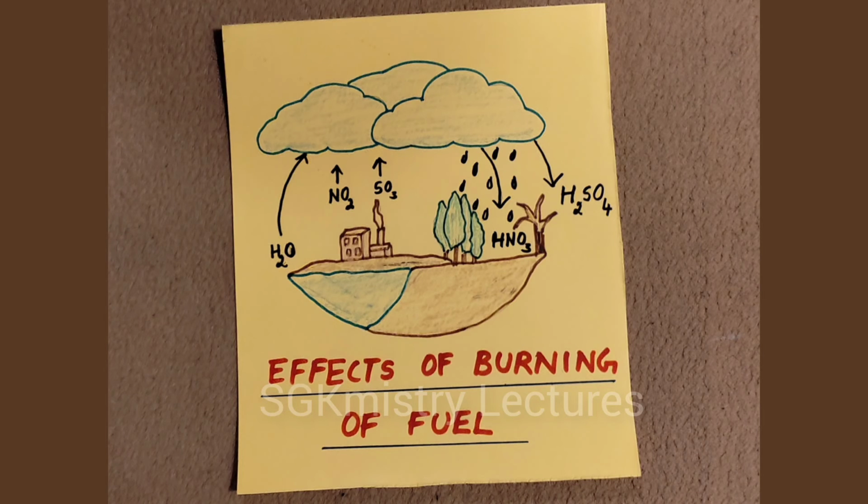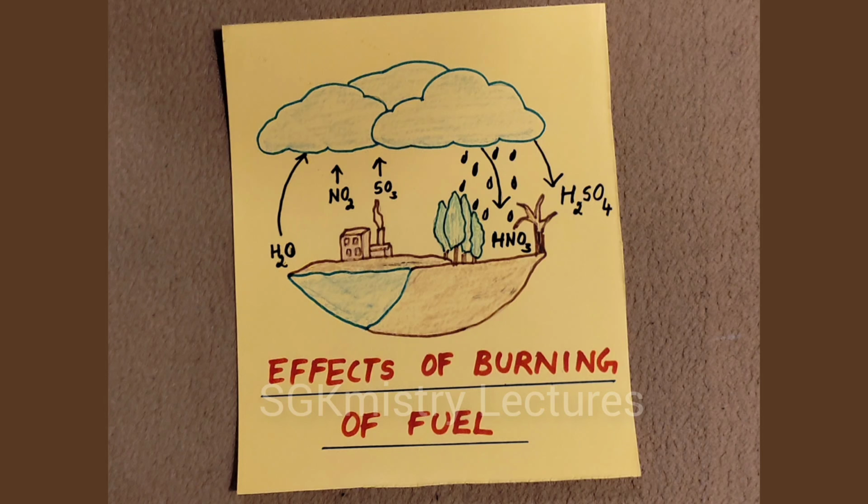The next picture can easily be identified. Here the water is rising, and along with the water, the pollutants, that is the oxides of nitrogen and oxides of sulfur, rise from industries as well as domestic usages, and in the atmosphere these oxides mix with water and convert into acids.